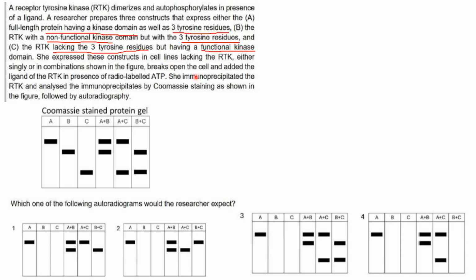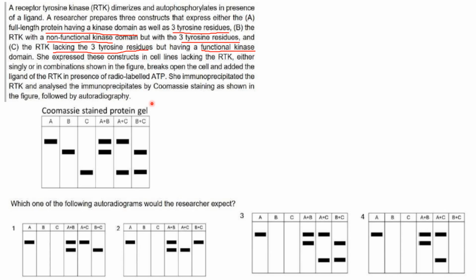Then breaks open the cell and adds the ligand of the RTK in the presence of radio-labeled ATP. So with the help of ATP, she can phosphorylate the RTK. She immunoprecipitated the RTK and analyzed the immunoprecipitate by Coomassie staining as shown in the figure, followed by autoradiography.